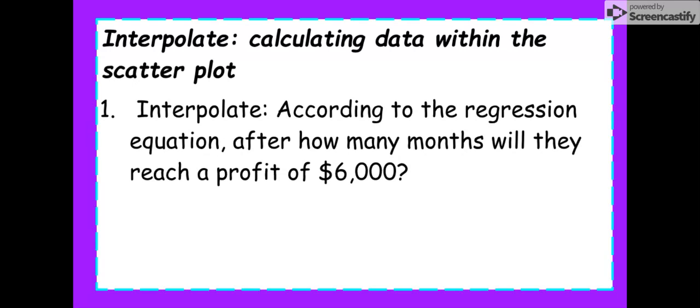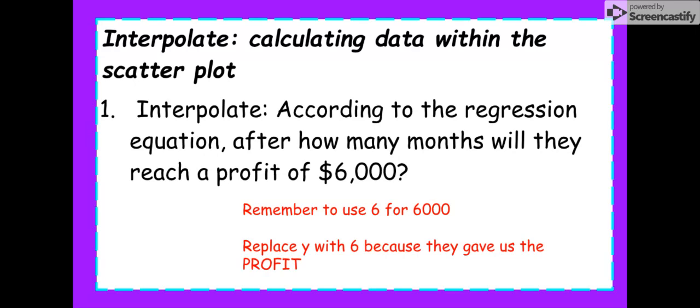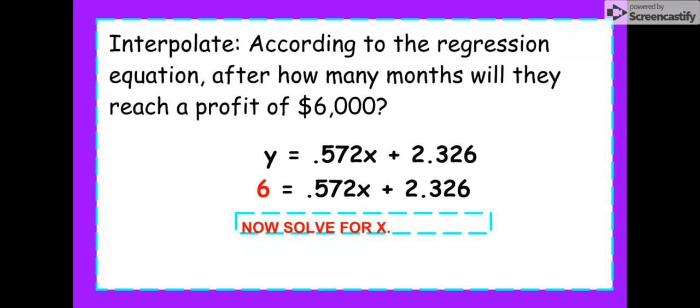Our first step is to replace y with 6, remembering to use 6 for 6,000, because they gave us the profit. Then solve for x. Once you're done, click your answer on the right.